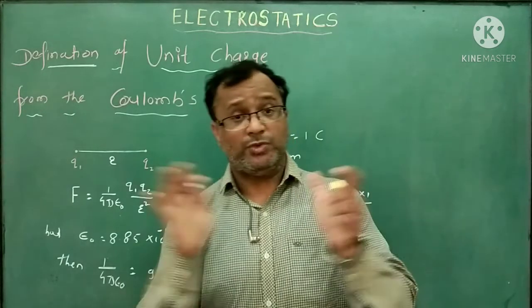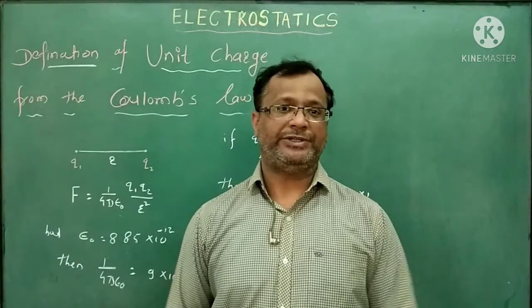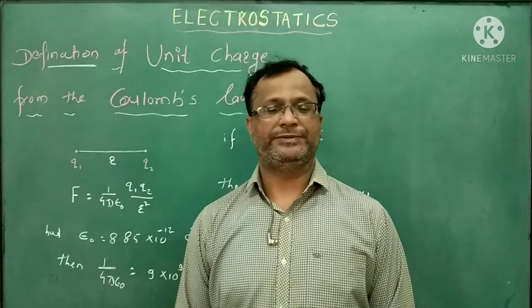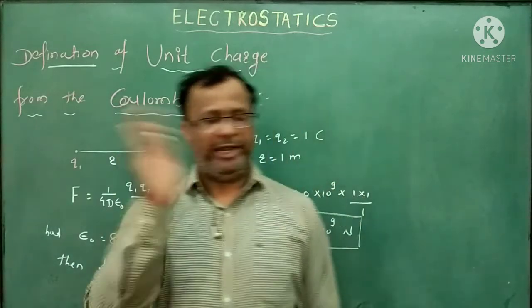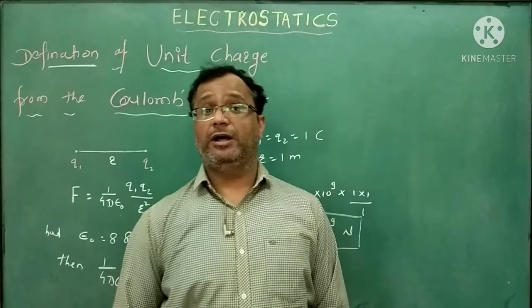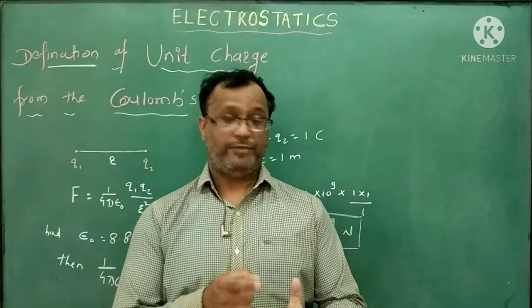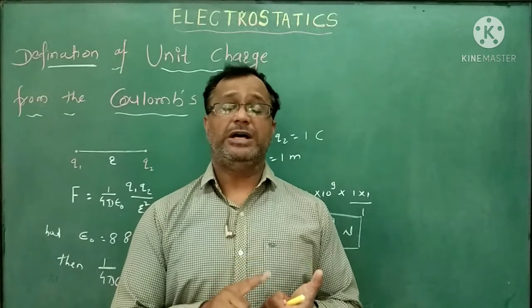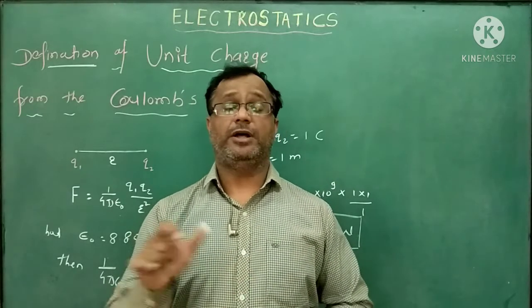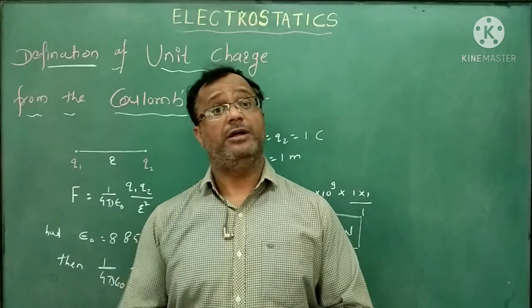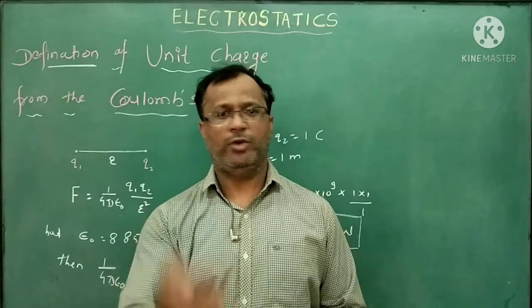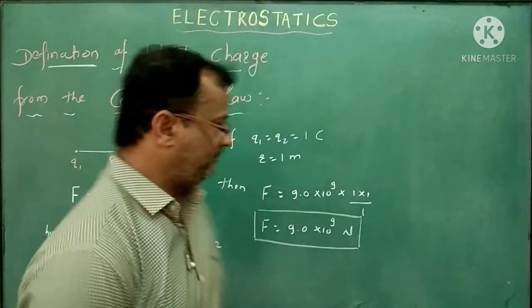Now, this 1 coulomb is a large unit, but in practice we use smaller units. At the microscopic level, we get 3 units. First is the microcoulomb, second is the nanocoulomb, third is the picocoulomb. Now we see the meaning of micro, nano and pico.